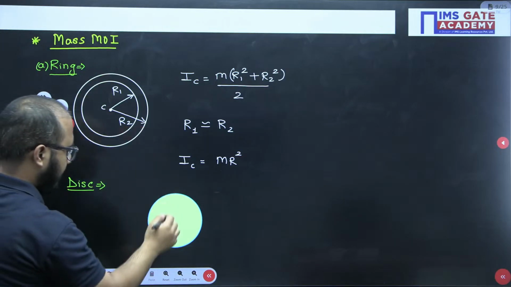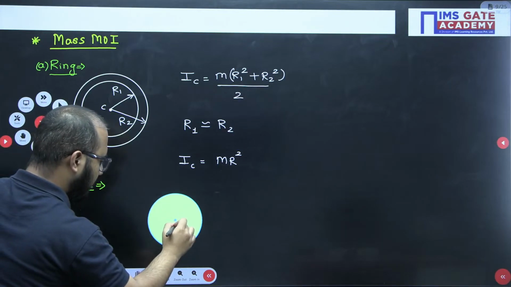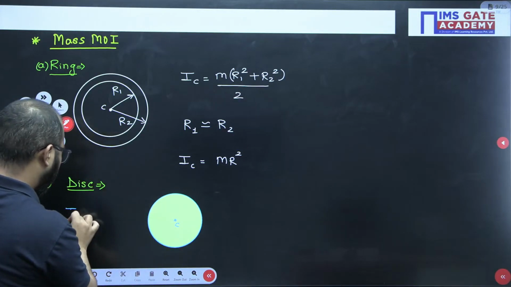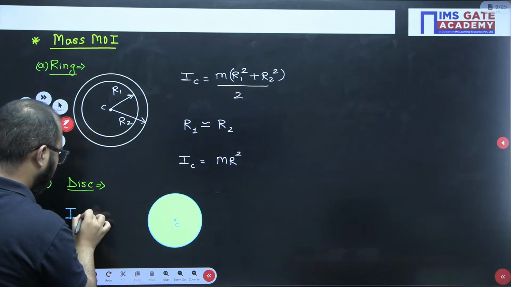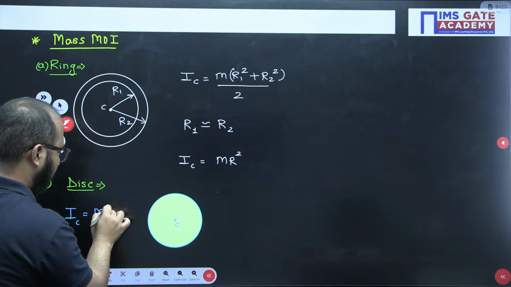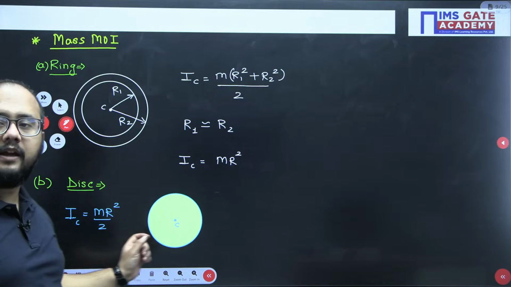For the disk, if I talk about the center point, the mass moment of inertia value about the center point will be mr square by 2.